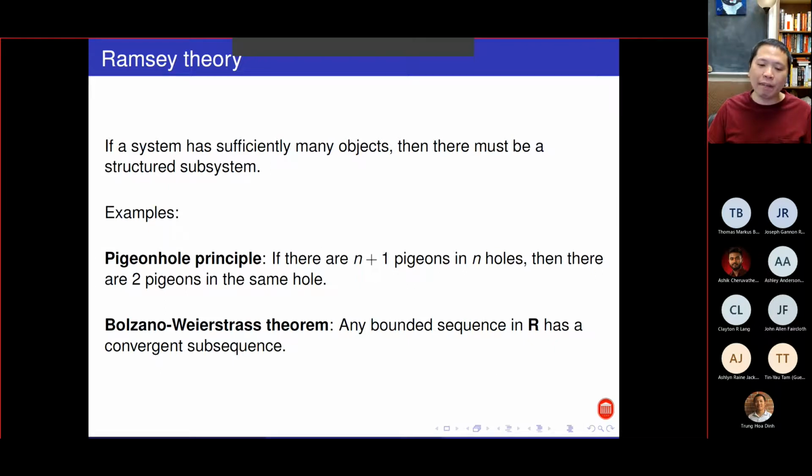Half of the interval must contain infinitely many elements of your sequence, by the pigeonhole principle. Then you take that half and divide it in half, and there is a quarter which contains infinitely many elements of the sequence. If you keep doing that, then you have a convergent subsequence. That's the proof of the Bolzano-Weierstrass theorem, and it just uses the pigeonhole principle.